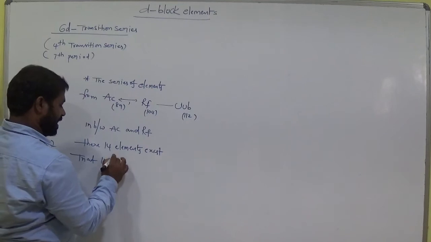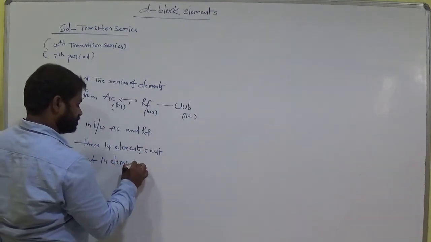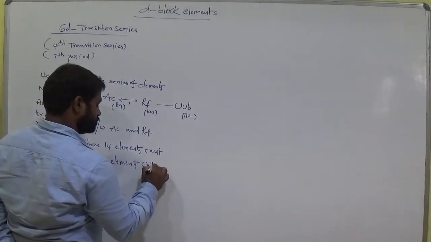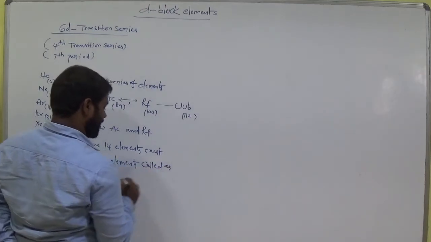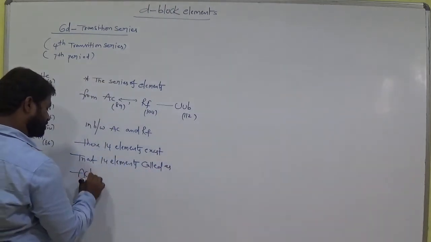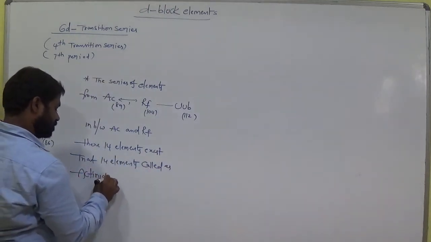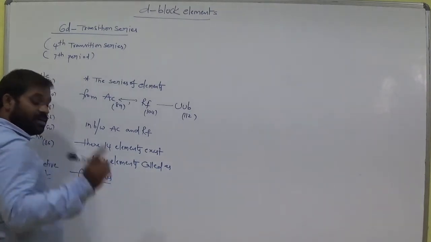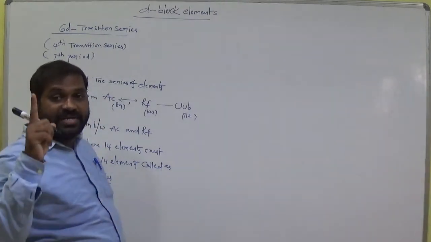Those 14 elements are called actinoids. Already we discussed lanthanides in the 5d series.